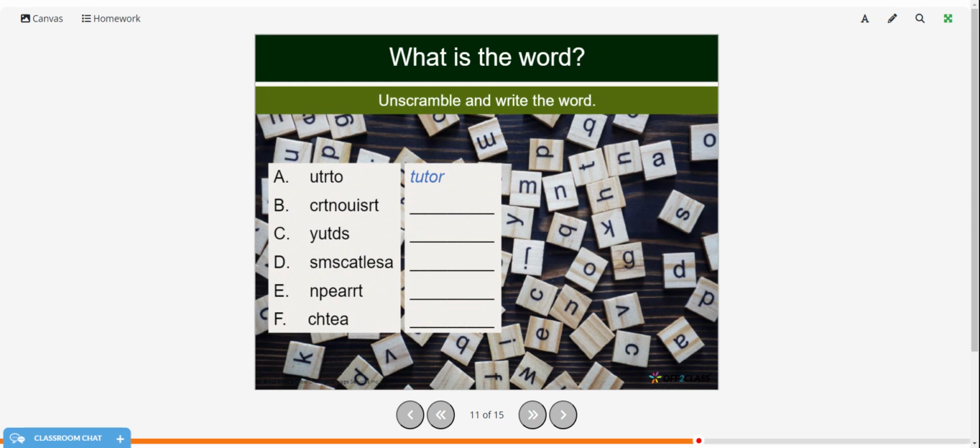All right, so now see if you can unscramble these words. This is study. This one is teach.